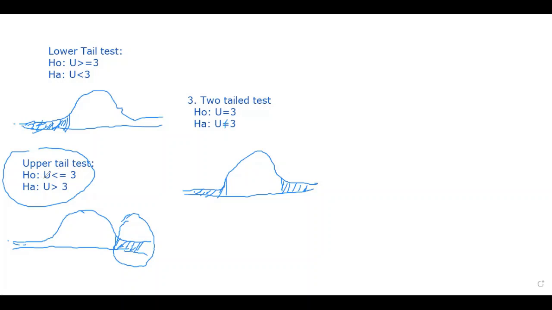Whenever your null hypothesis is that mu is less than or equal to a certain number, then we are talking about the upper tail test. And whenever your null hypothesis is equal to a certain number, then we are talking about the two-tail test. I hope we are clear. Can I move on? Yes, please.